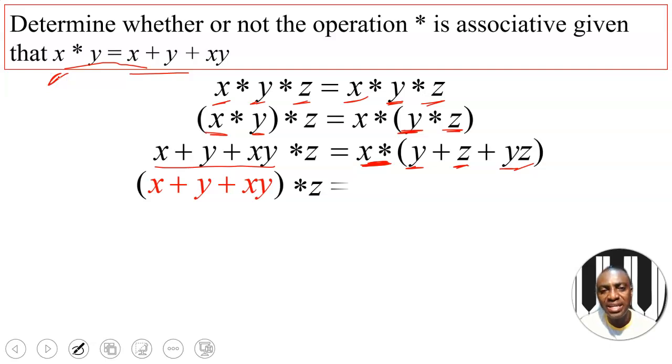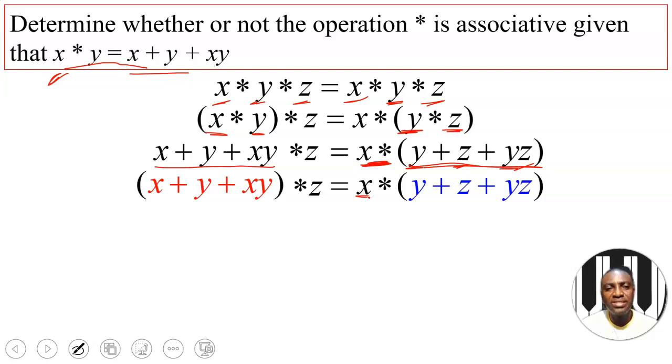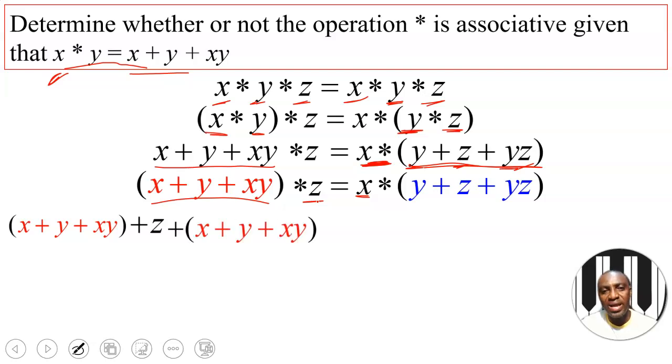And then the right hand side too, we are going to treat the whole of this as one entity, operation x. So for the left hand side, this represents my x while this represents my y. And by definition, it is going to be x plus y, plus xy. That is it. Then I get it this way.